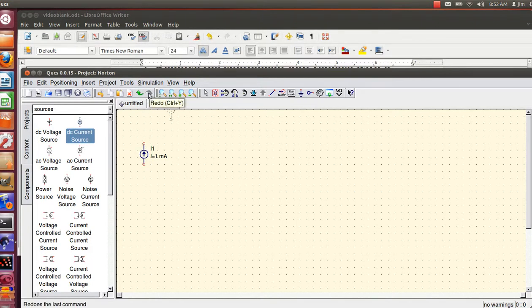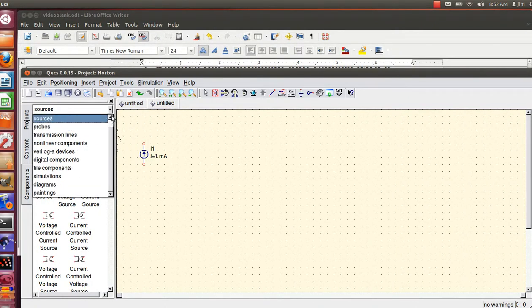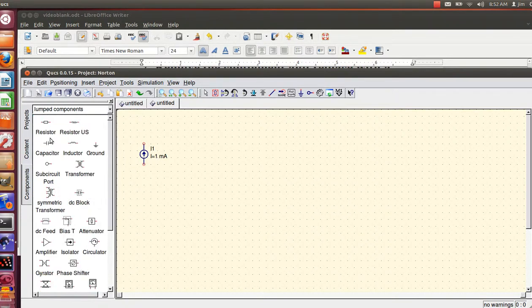And we want to zoom in a little bit. Lumped components are always on top, and that gets me there. And a resistor in parallel. Let's go down there. And let's tell it to rotate. Beautiful.